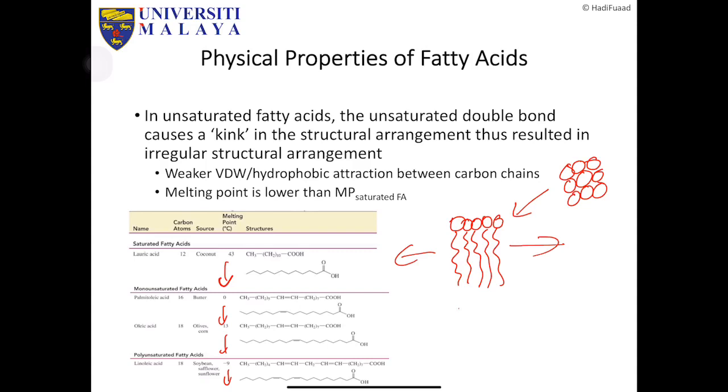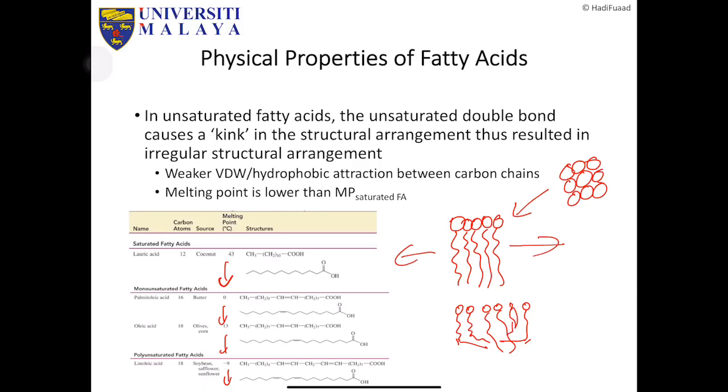But once you have the kink in place, imagine you have a double bond somewhere over there. Now you can no longer form a straight chain. And you have another kink over there that forces the chain towards this side.